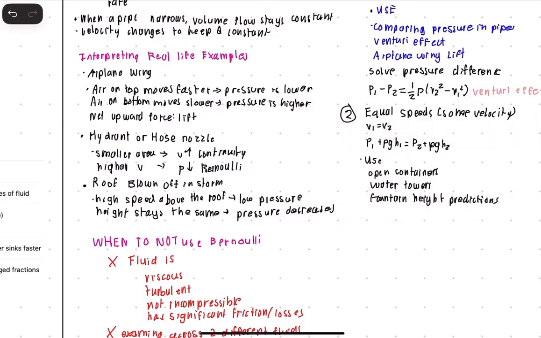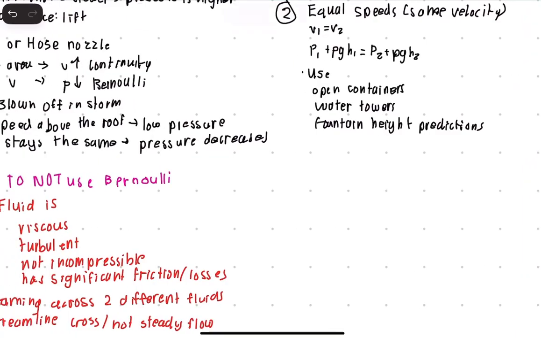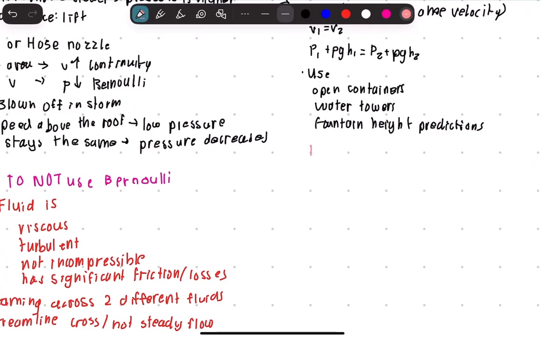And then P plus ρgh equals constant if V is the same, which basically means that pressure decreases with height.